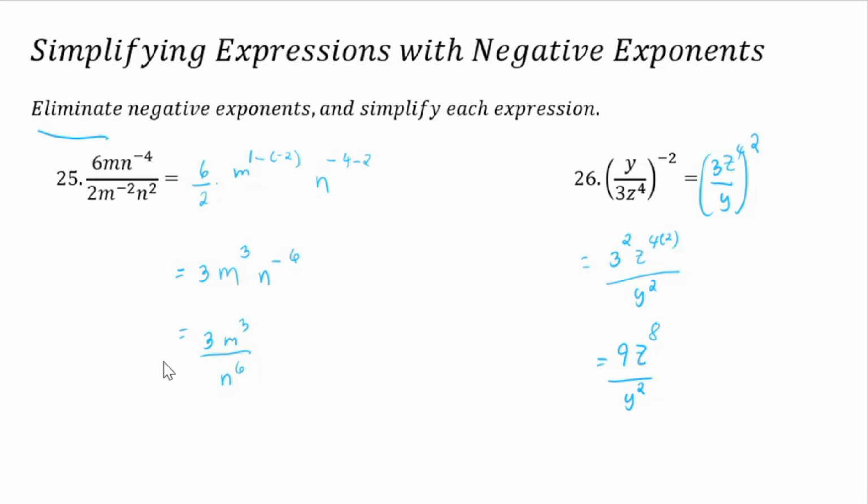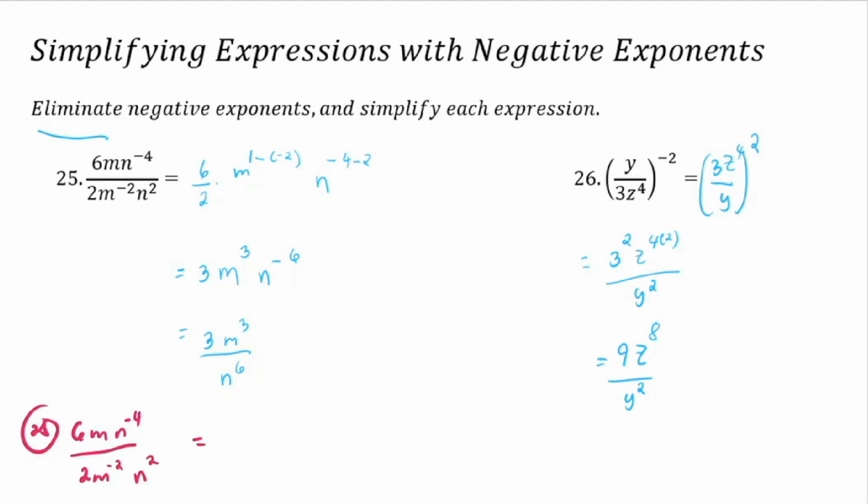There's another solution for number 25 if you are going to apply the property. So I will just show to you another solution for number 25 using the property. We have 6m n of negative 4 over 2m of negative 2 n squared.